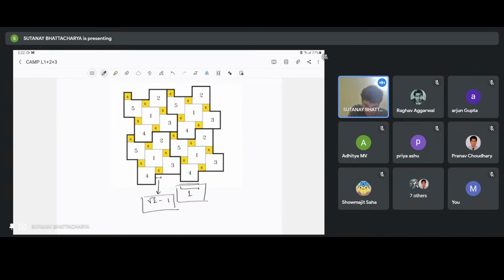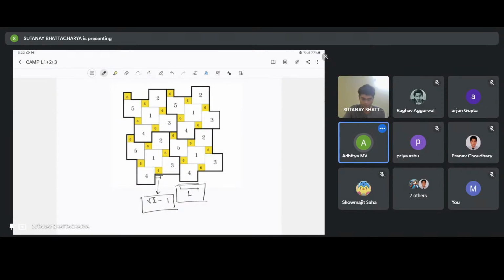This length is 1, and these squares have side length root 2 minus 1. I want you to figure out the type of this coloring. I claim this is a coloring that satisfies the polychromatic condition, and I want to find out what distance the color 1 avoids, what distance the color 2 avoids, all the way up to 6.